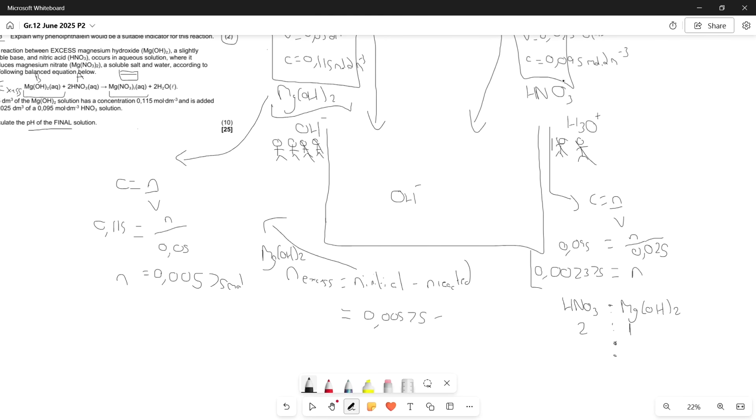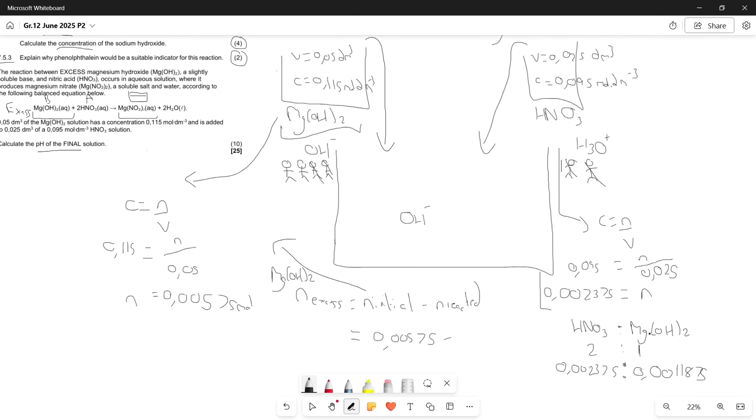We calculated in isolation the moles of HNO3, which was 0.002375, and if we divide this by 2, we have 0.0011875. Now we have the amount of MgOH2 that did react in this beaker, because this was the total amount of HNO3, the limiting reagent that ran out, and then we did a molar ratio to get the moles of the MgOH2 that did react.